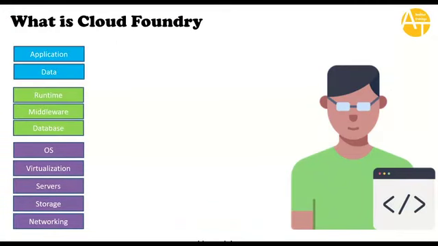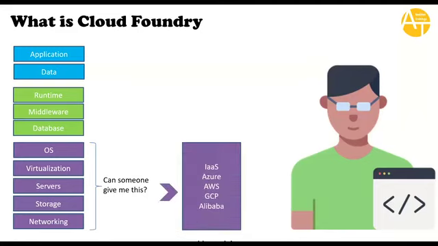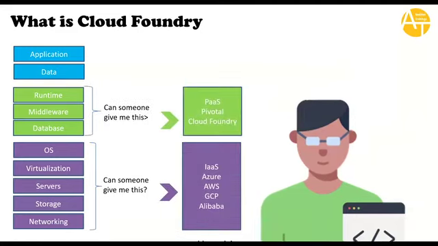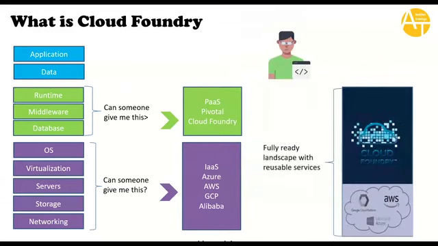Then we talked about what Cloud Foundry is. We discussed that we have different services offered in the cloud, so-called infrastructure as a service, platform as a service, and development as a service. Basically, Cloud Foundry is a platform as a service offered by Pivotal as a multi-cloud development environment, and SAP adds extra add-ons on top of it by extending Pivotal's Cloud Foundry, allowing us to reuse a fully ready landscape for entire development.